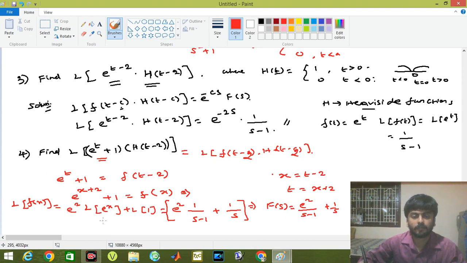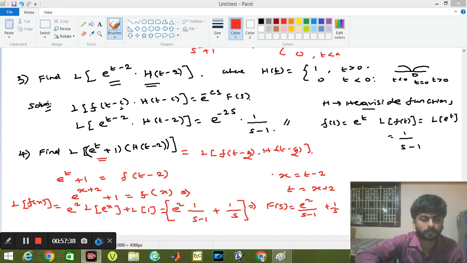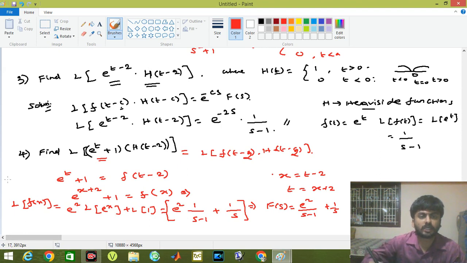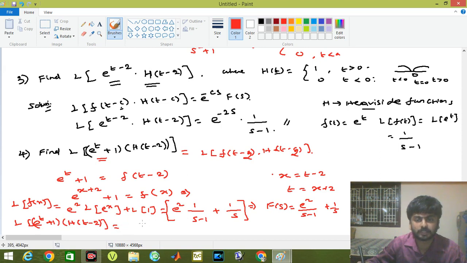By the result, we must have L of e power t plus 1 into h of t minus 2 equal to f of s. L of f of t minus 2 is f of s into e power of minus cs.